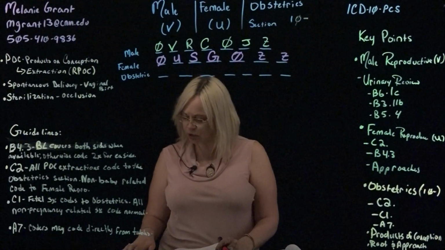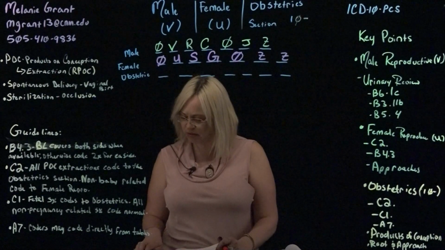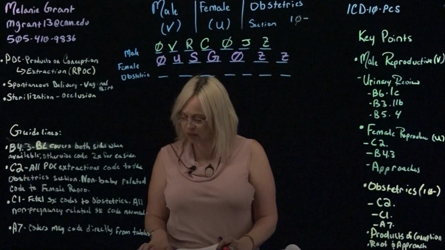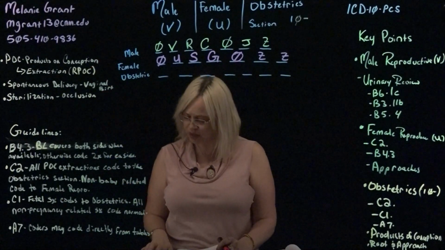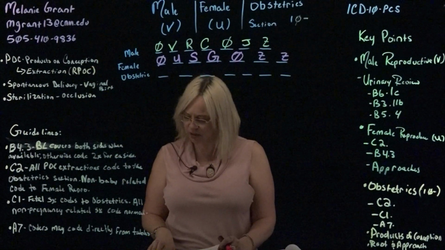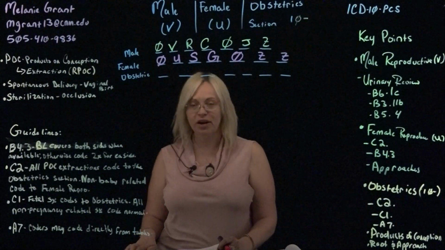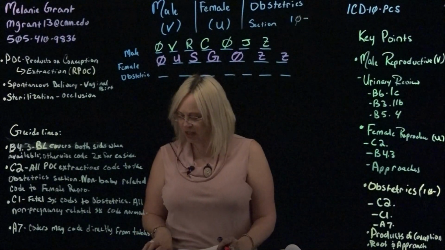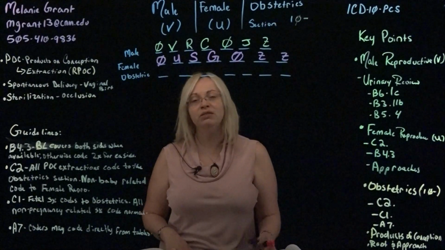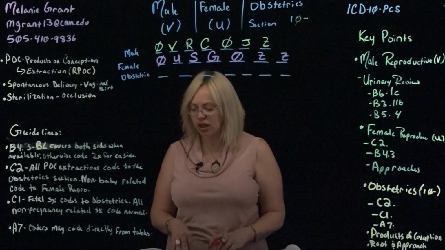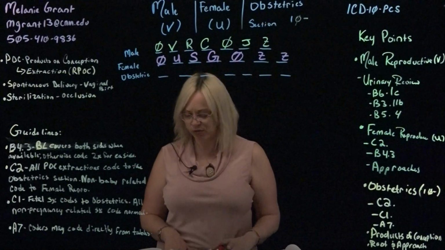An incomplete abortion or miscarriage is the presence of RPOC, which is retained products of conception, and I threw that on the board for you. A complete abortion or miscarriage is complete expulsion of all products of conception. You want to pay attention to those different terminologies, both in your reading of documentation when you code this section, as well as in the coding itself.